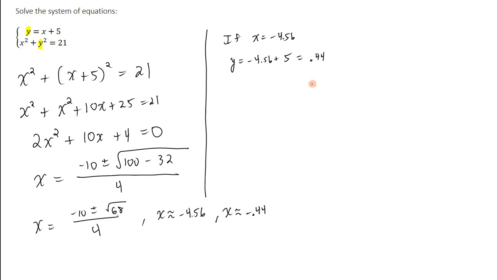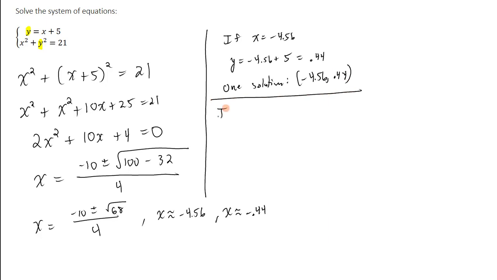So we have one solution, as an ordered pair, negative 4.56, comma, 0.44.